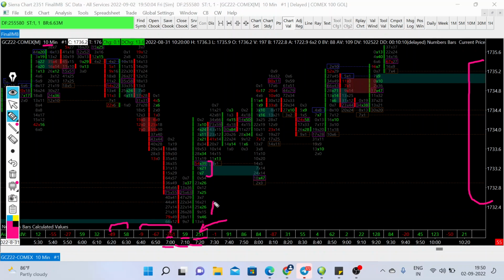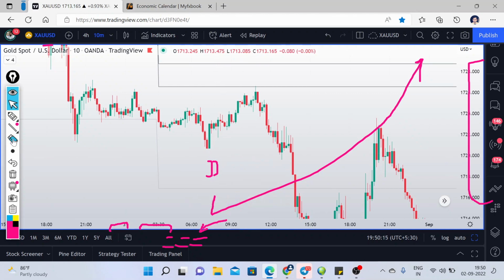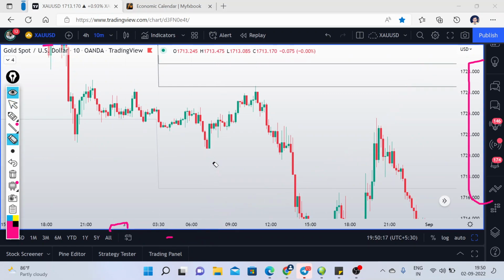You can see after this buying imbalance and this change in delta, we have a good buying move from this level, and you can see this on your chart also. Also on the 10-minute chart you can see at this time we have an engulfing candle.